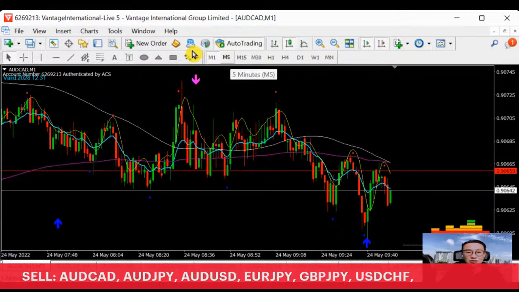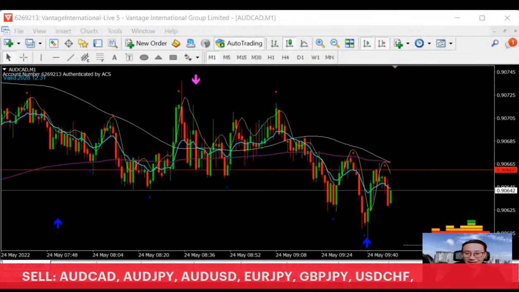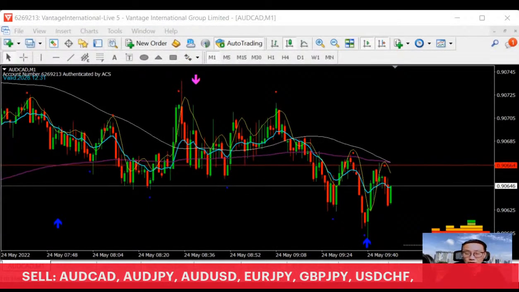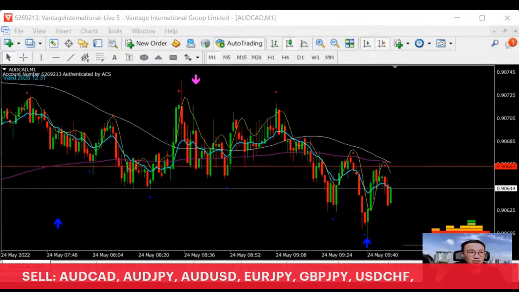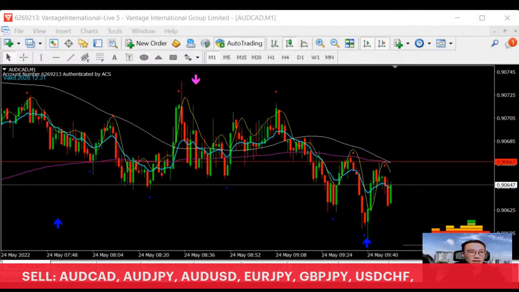The entry point is a very crucial matter. As you are getting near to the support, if you are selling, it means your risk is getting higher. You are exposed, which is not advisable.